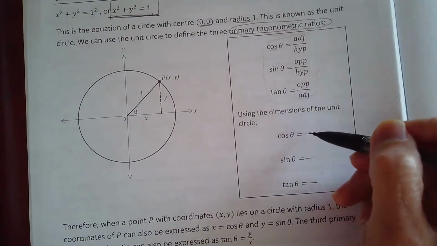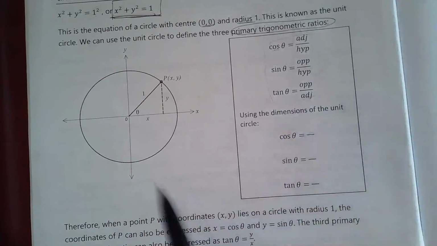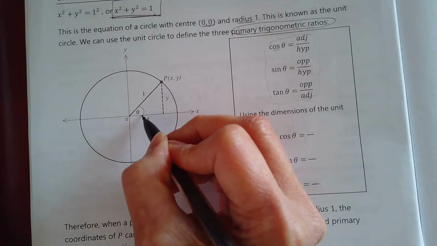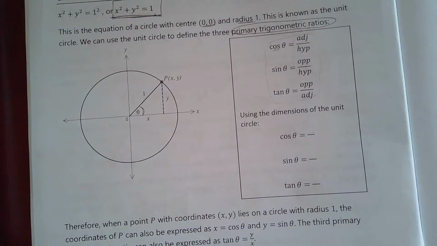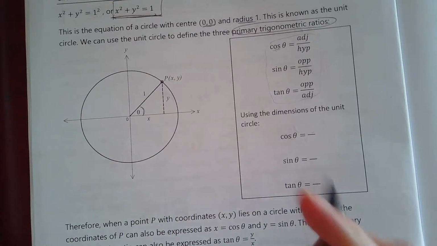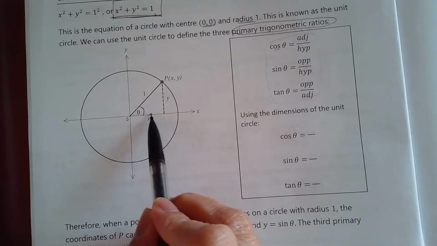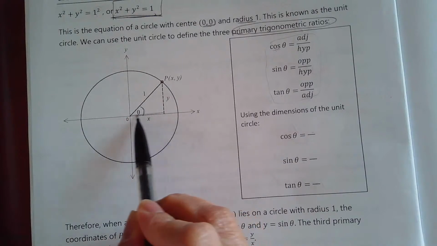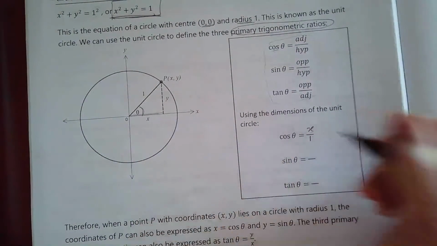So let's start with the cosine. It's supposed to be adjacent over hypotenuse. So this is our theta, this is our angle, and this is only going to be relative to the reference angle. We talked about reference angle last week. So which one's adjacent? Well, if this is theta, adjacent means right beside the angle. So that's the x over 1.